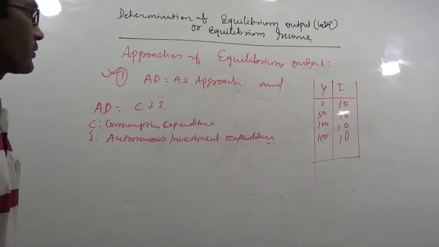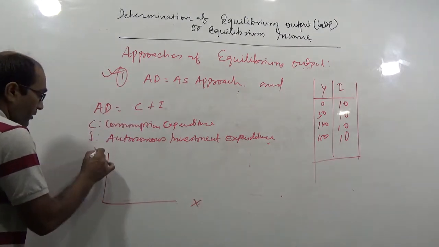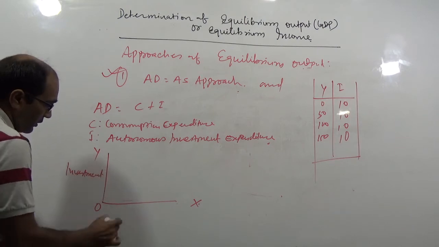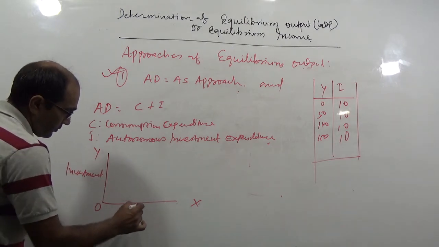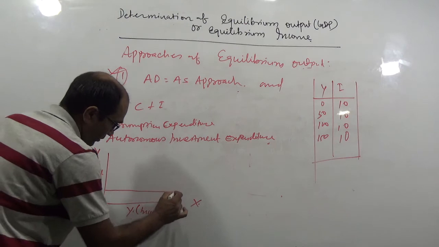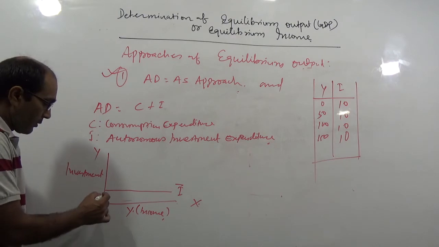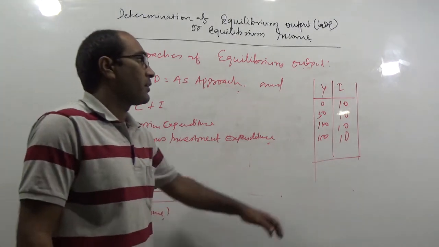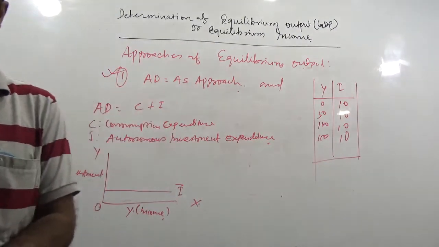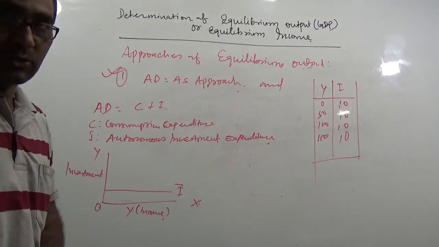If you wish to draw a curve for investment and level of income, it's denoted by bar on I. See, at the level of 0, investment remains unchanged at the level of 10. So it's independent from level of income.